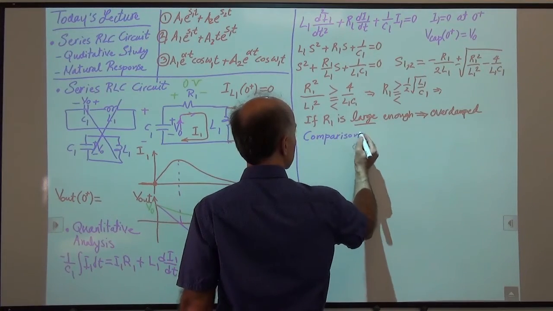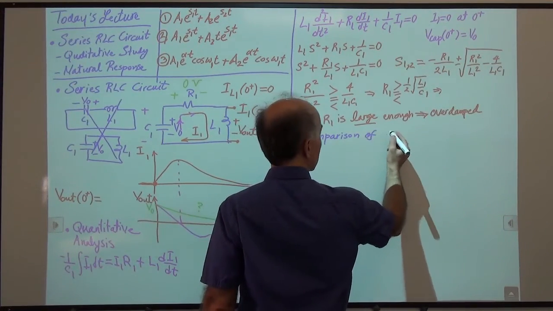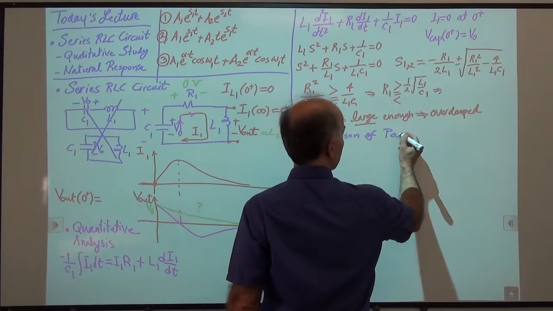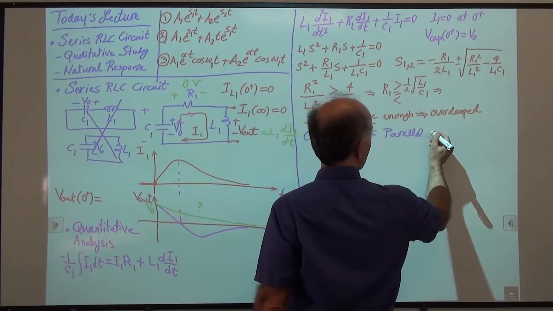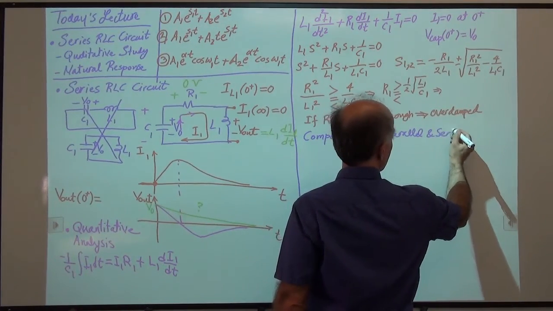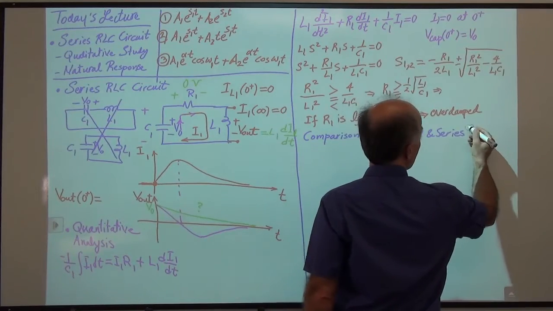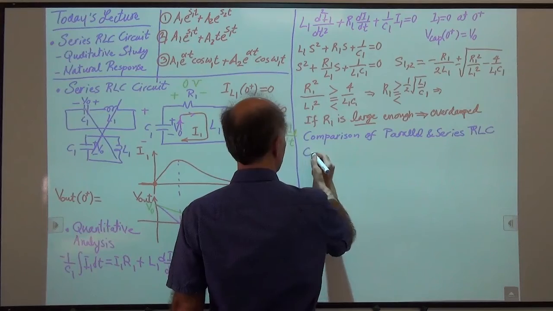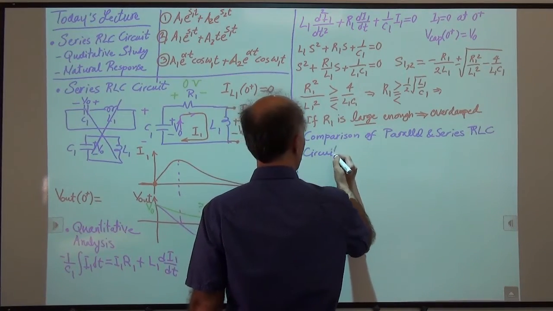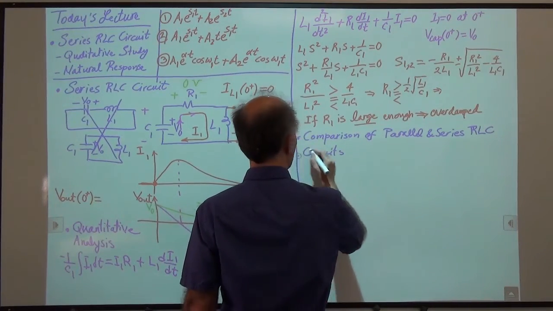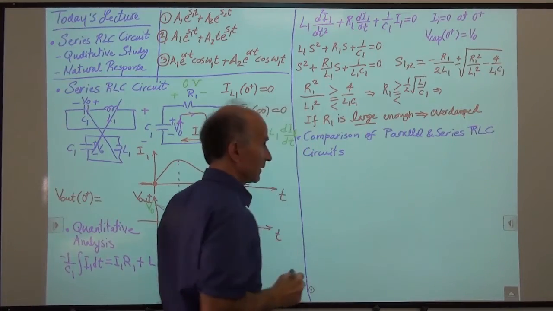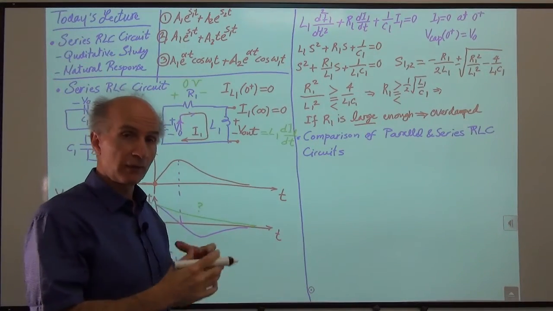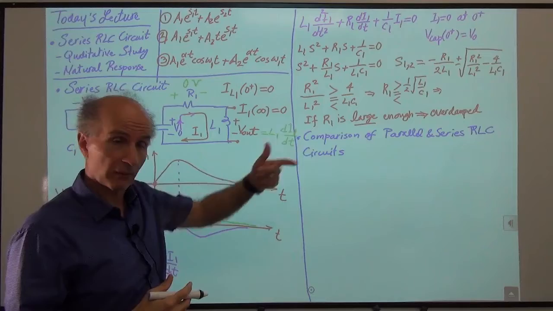Comparison of parallel and series RLC circuits. This is a brief comparison for now. Later on we'll make a more detailed comparison. I just wanted to show you intuitively why the condition is reversed.